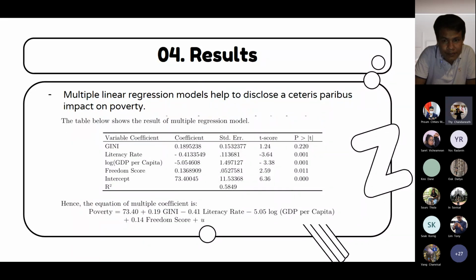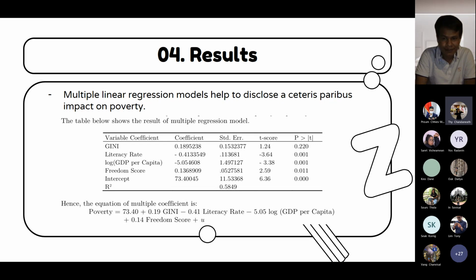So when it comes to multiple linear regression models, it has to disclose the impact of all other things being equal on poverty. As the table below shows the result of the multiple regression model, the equation implies that an increase of 1 point in the Gini coefficient will result in a rise in the poverty ratio.